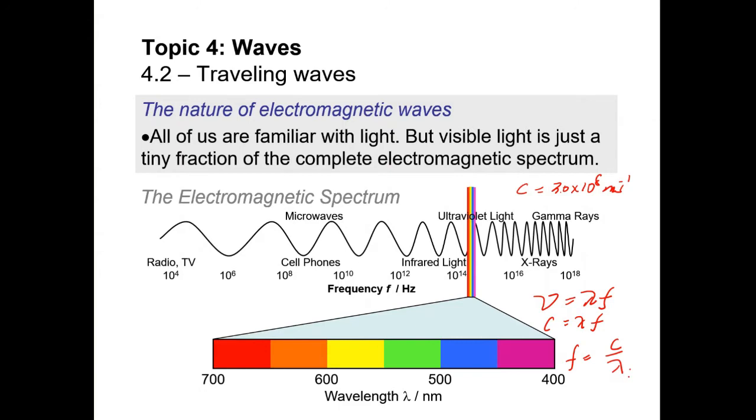If the wavelength is longer, the frequency is smaller. If the wavelength is shorter, the frequency is higher. Radio waves have a longer wavelength and a smaller frequency, while gamma rays have shorter wavelengths but a higher frequency.